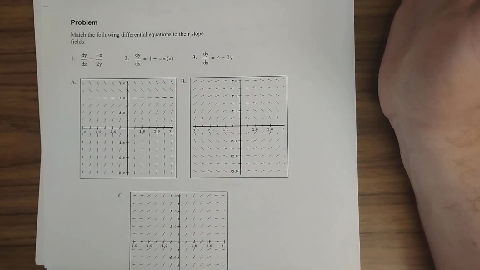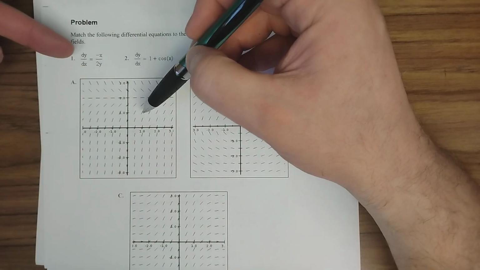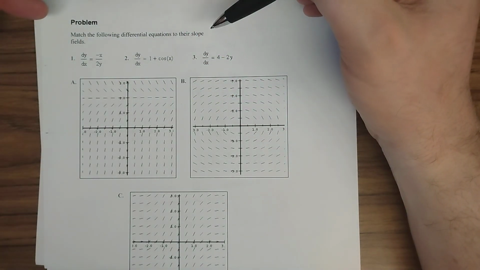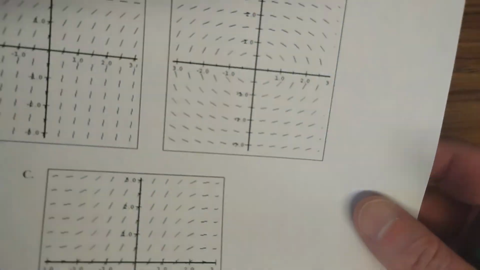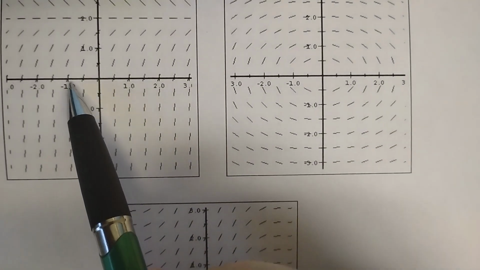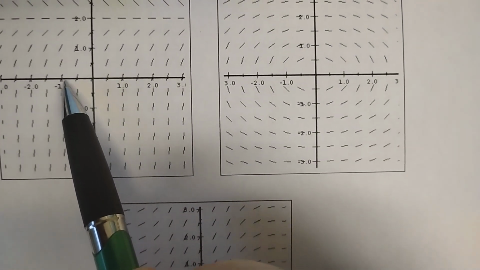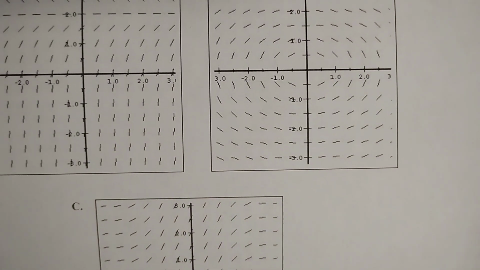Okay, so let's match this. And the way we match this is we look at the slopes of these line segments. I don't know if you can see. Of course, I'll scan this like normal, but we have this scaling, so this is like -1, +1 on the x-axis, and so on.